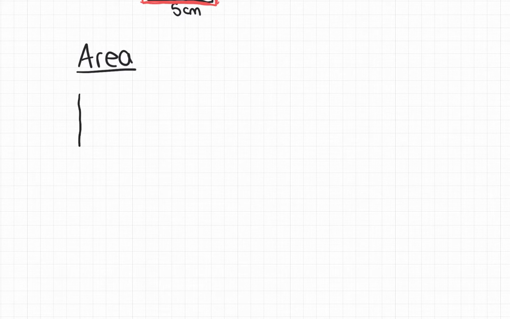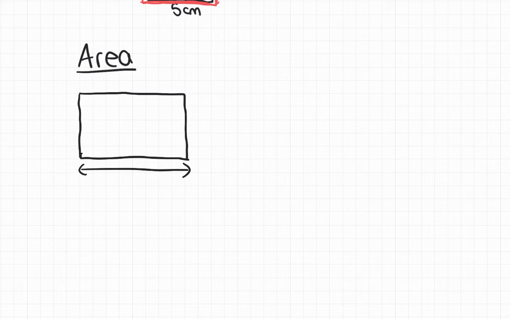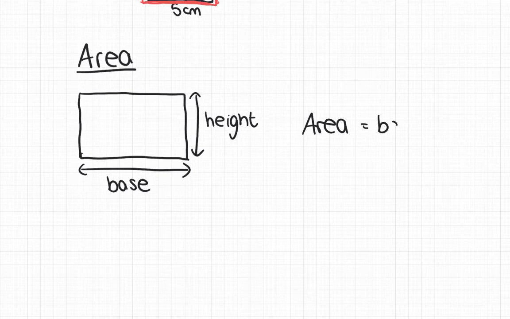If you have any rectangle, to work out the area, I call it base times height, sometimes it's called length times width, it doesn't matter, but for a rectangle, area is simply equal to the base times the height, and the area is how much space the shape takes up inside it, and that one's always measured in units squared.